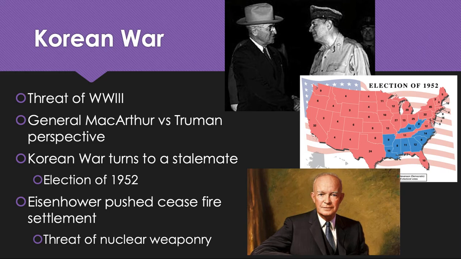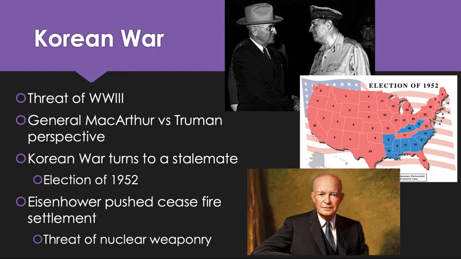After more than 2 years of negotiations, there is going to be an armistice on July 27th, 1953. In this agreement, the leaders come together, and a stalemate is the result of the Korean War.